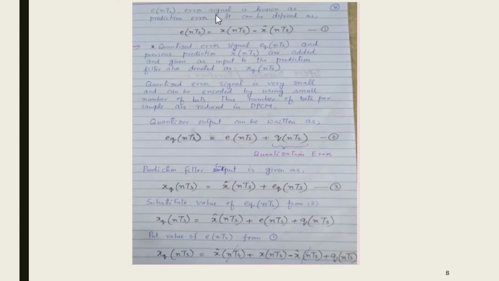e of nTs is the error signal, which is known as the prediction error. It can be defined as e of nTs equals x of nTs, the sample signal, minus x bar of nTs, the predicted sample signal. Now the quantized error signal eq of nTs and the previous prediction x bar of nTs are added and given as input to the prediction filter, also denoted as xq of nTs.